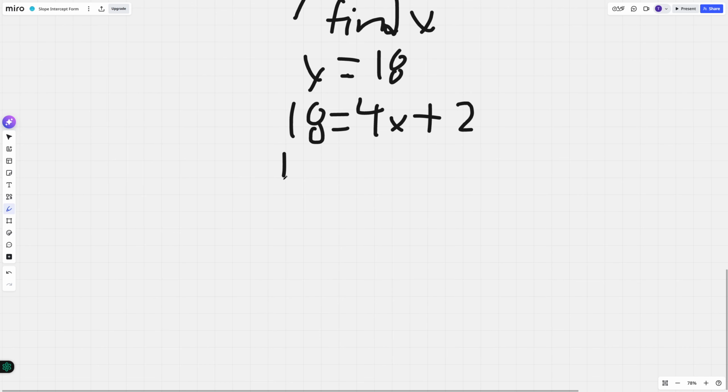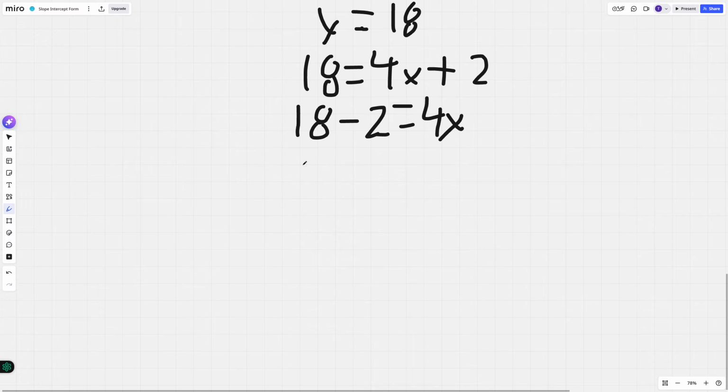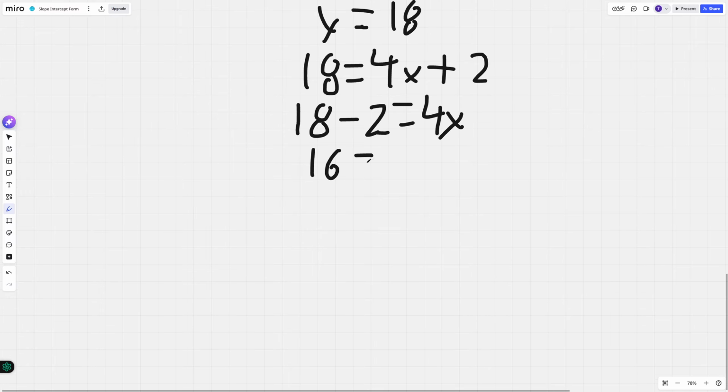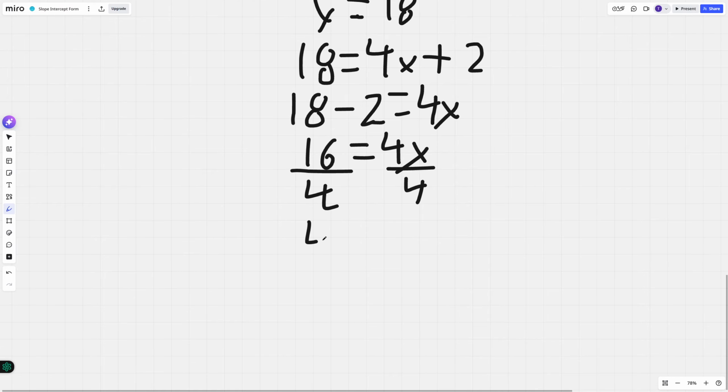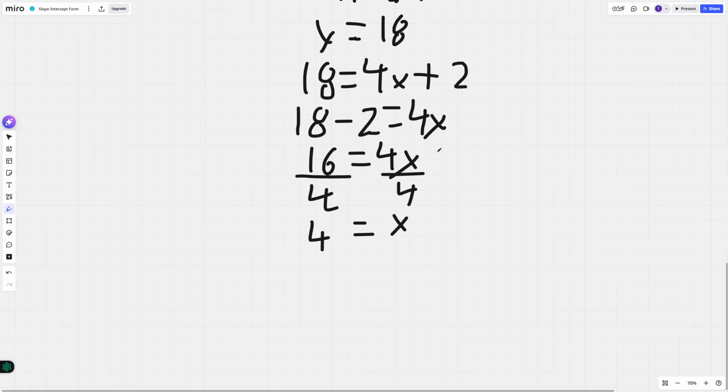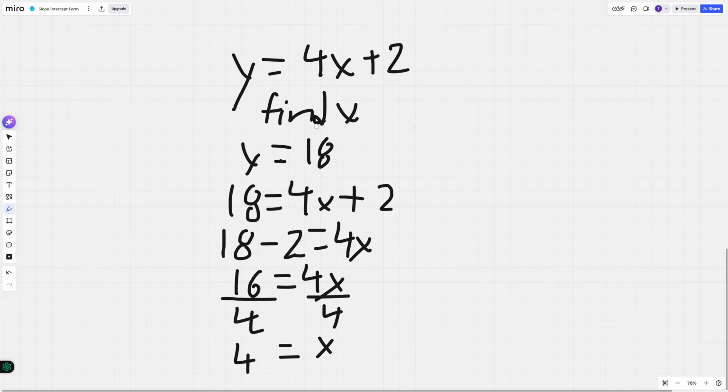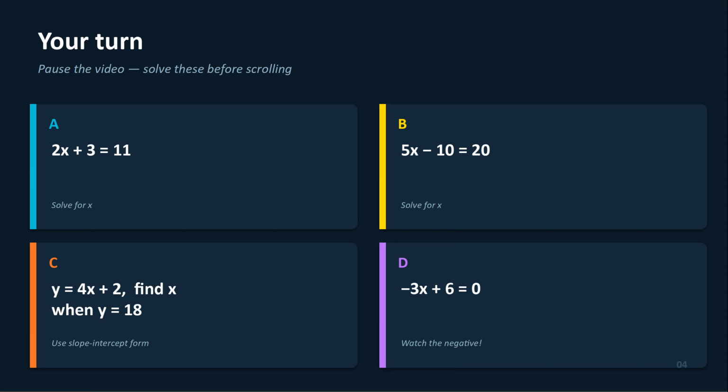And then we do the same thing. 18 minus 2, because we're getting rid of the 2 on this side, equals 4x. So then we'd have 16 equals 4x. You divide both sides by 4 to isolate for x, so then you have 4 equal to x. And yet again, you'd have to work for 4 hours to get $18 in this equation.